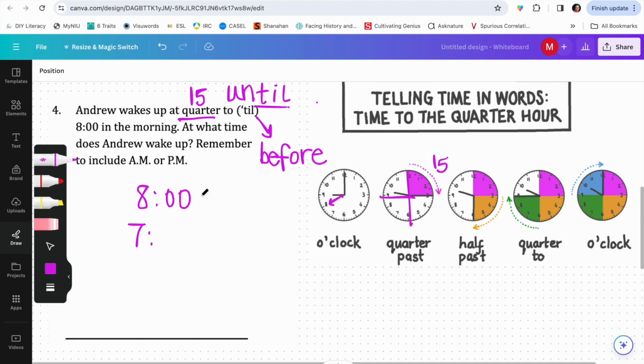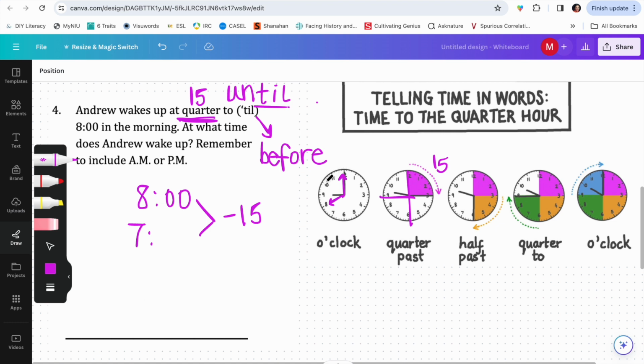We know that he woke up 15 minutes before 8 o'clock, which means we're going to be taking away 15 minutes from 8 o'clock. Keep in mind, 15 minutes is a quarter. So now we're going to be going back in time 15 minutes before 8 o'clock. And now we have to think about, well, what time is that? This clock, I'll show you in pink, is showing 8 o'clock because the shorthand is touching the 8 and the longhand is touching the 12, which means o'clock.